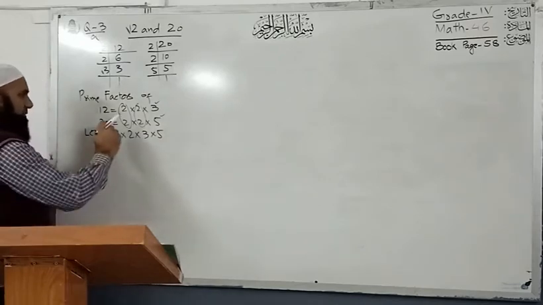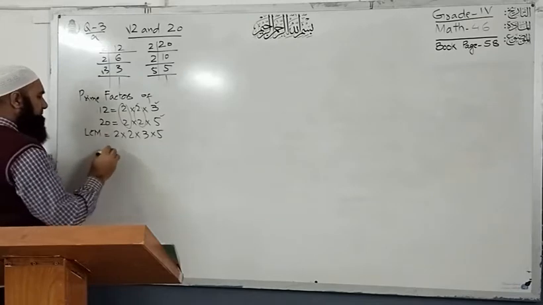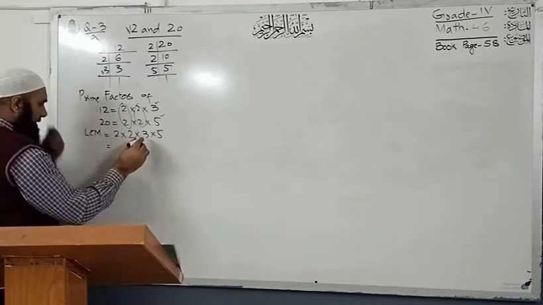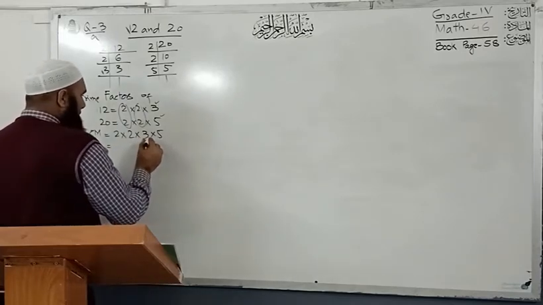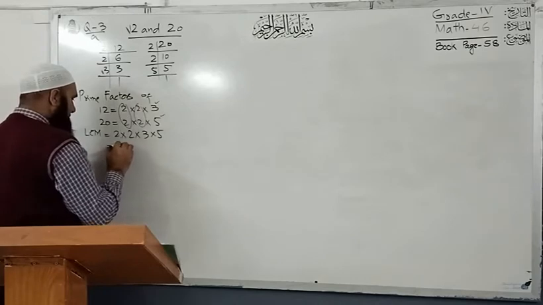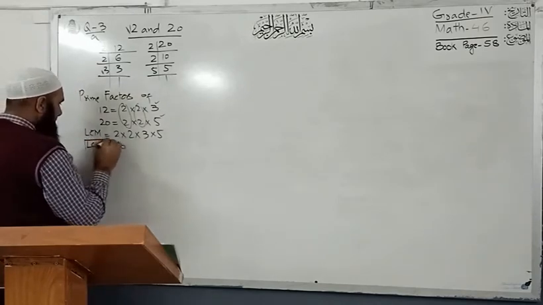Okay? Remember, do not forget to take one digit from each pair. This will become 2 multiply 2, 4, 4 multiply 3, 12, and 12 multiply 5 will give us 60. LCM in this case is 60.